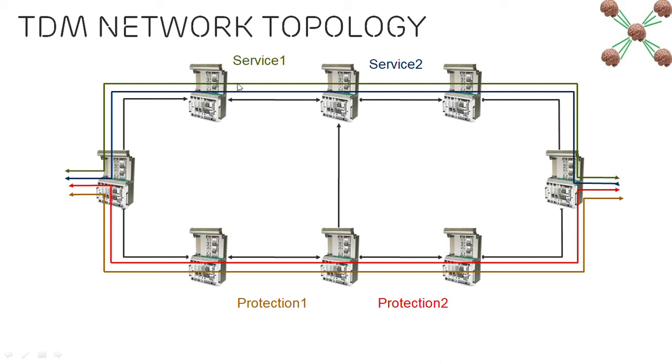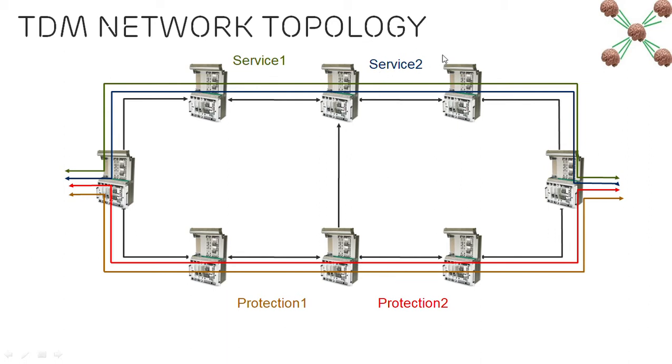And if you want, you can make a protection of this service. Protection should take a different path. So for example, service 1 is protected on protection 1, and service 2 is protected on protection 2. If there is any cut on this service, it will be automatically protected on the protection link.